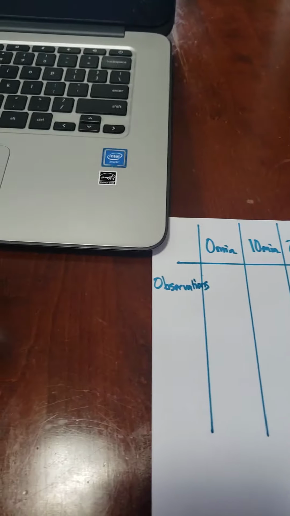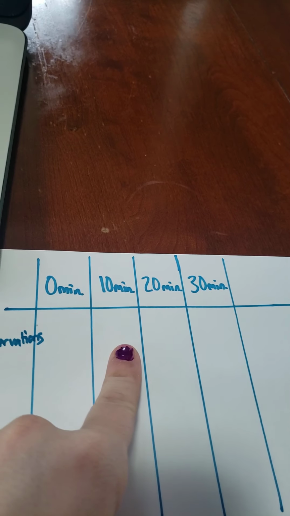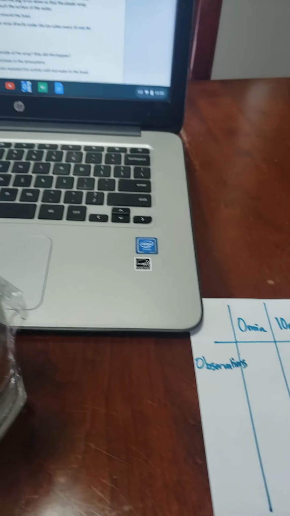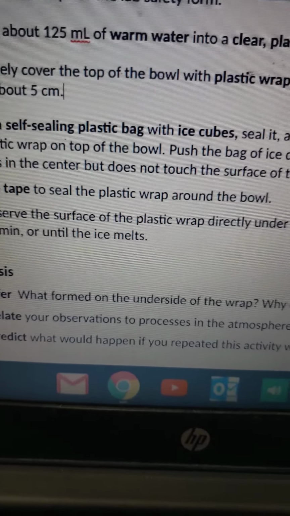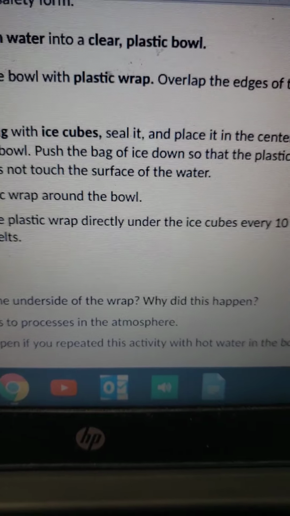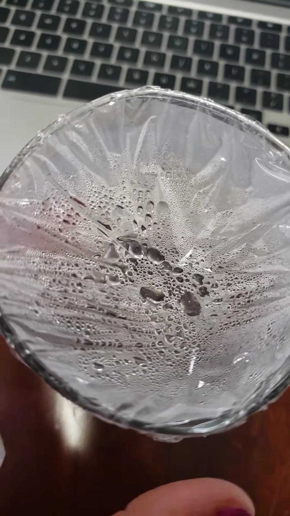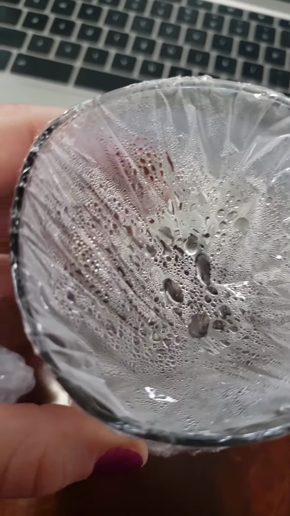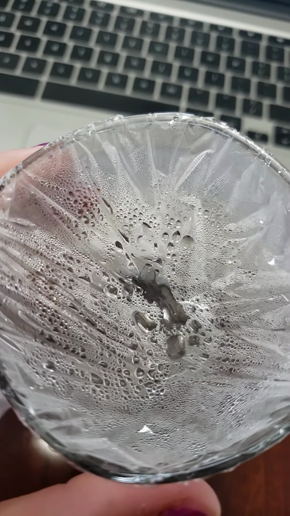All right, this is at 10 minutes. So if you're keeping this chart, your observations, you could write in here at the 10-minute mark. Again, follow along here, but observe the surface of the plastic wrap directly under the ice cubes every 10 minutes. All right, so at 10 minutes, we have this going on. So it's definitely foggy in here.